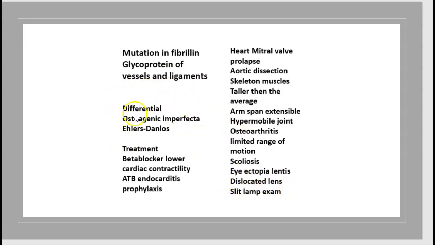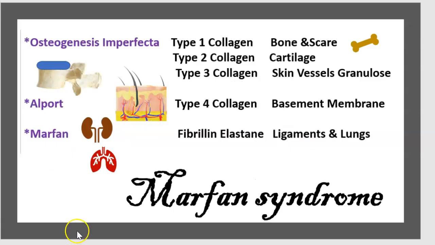We will deal with the differential between osteogenesis imperfecta, Ehlers-Danlos syndrome and Marfan syndrome, and we will talk about the treatment. From the histological point of view, we have to talk about 3 diseases at the same time: osteogenesis imperfecta, Alport, and Marfan.